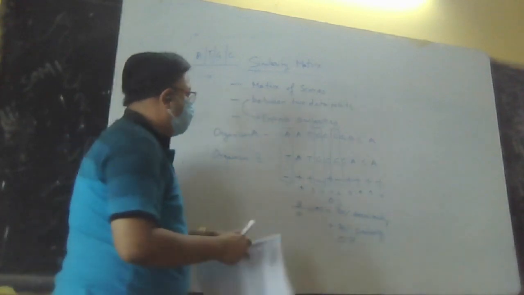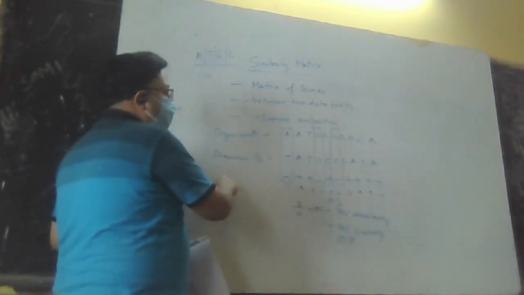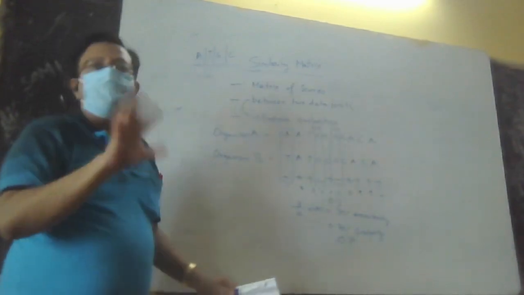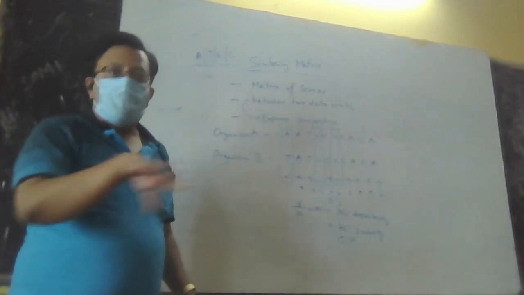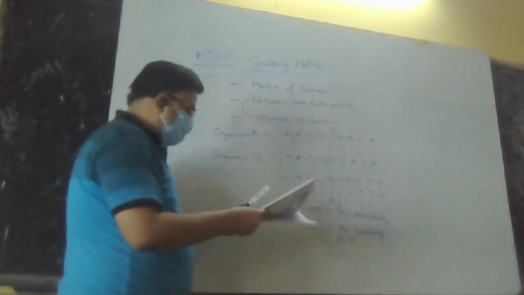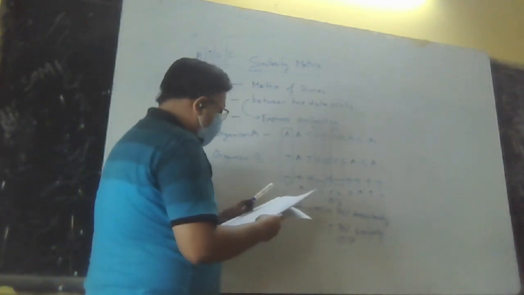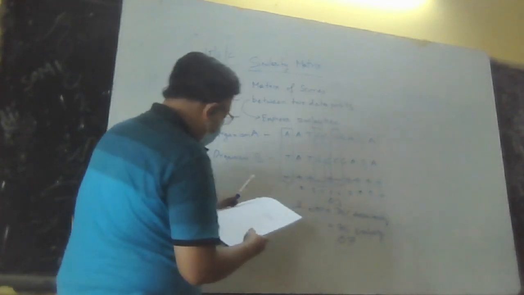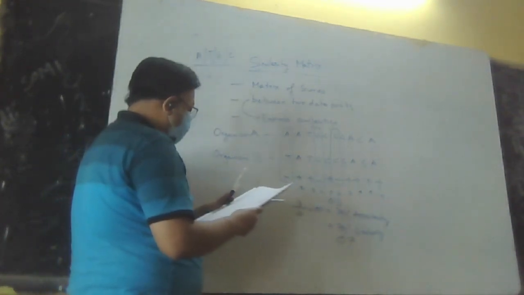So now if there is an organism C, you write the sequence and see how many are similar among these three. Higher scores are given to more similar characters and lower or negative scores to less similar characters.